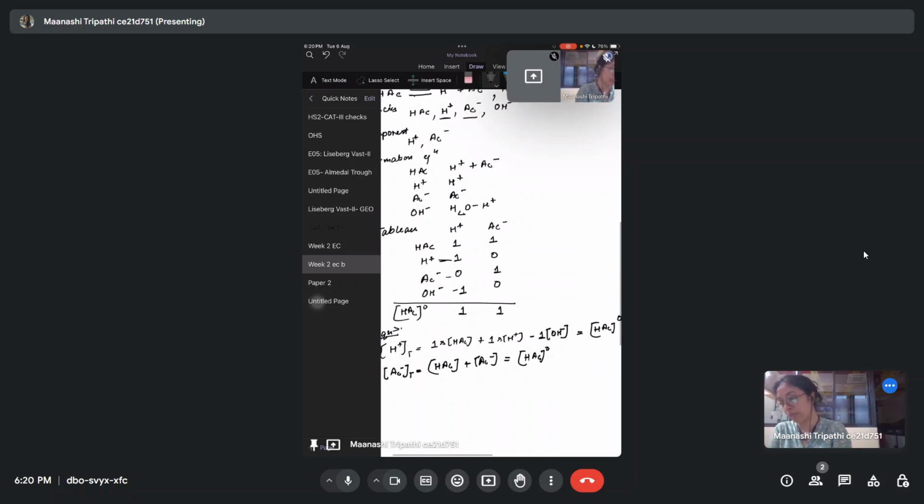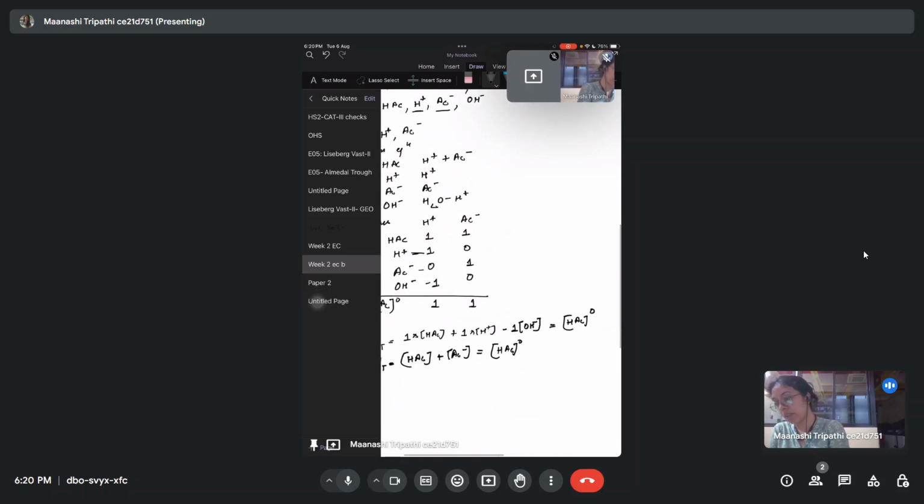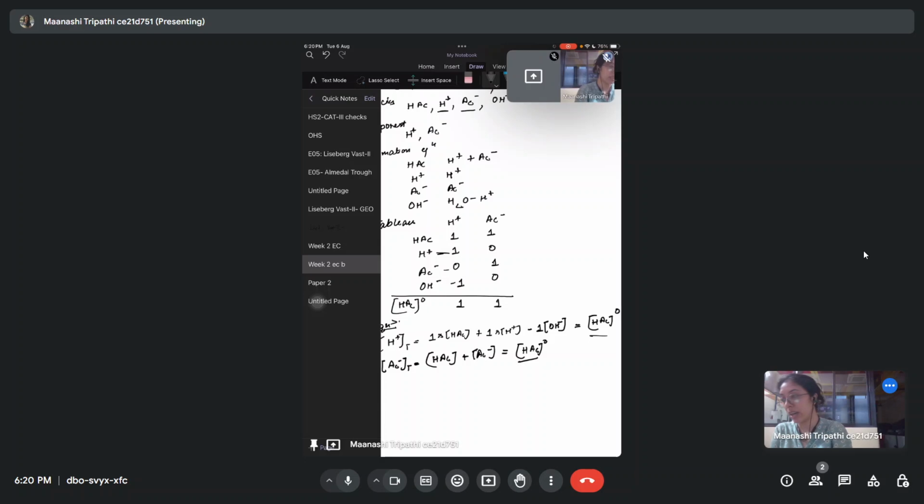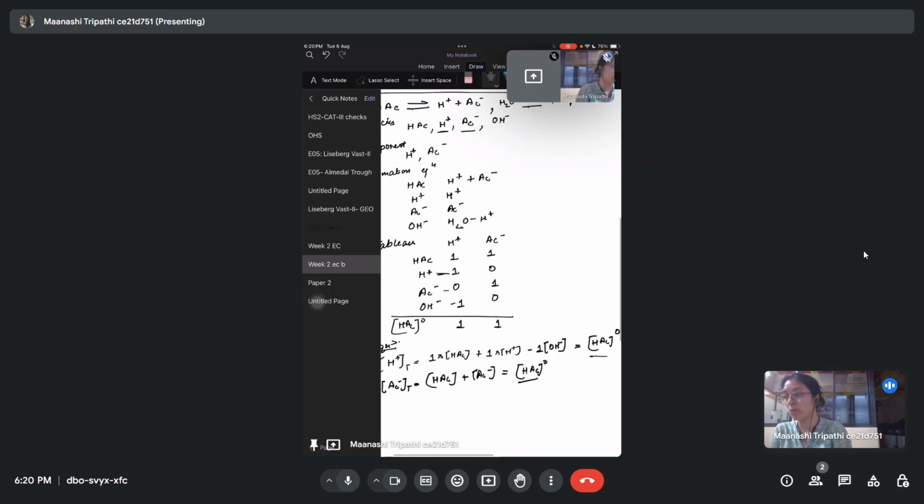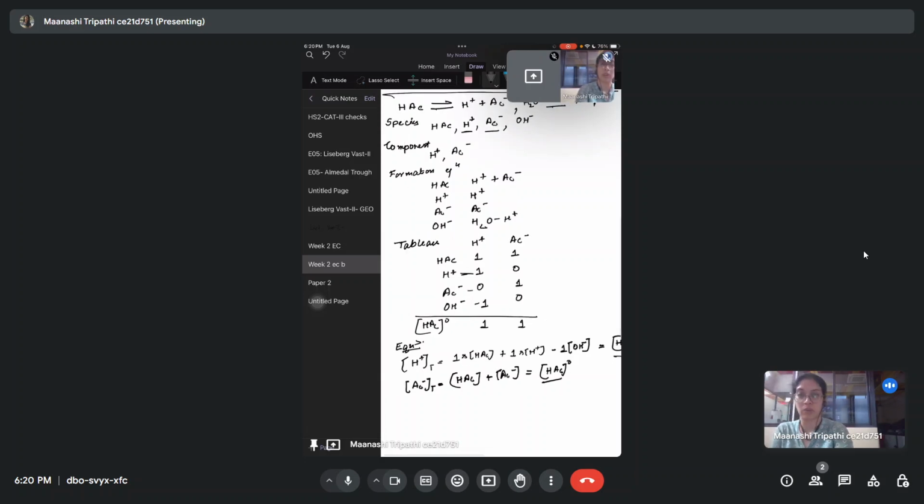You can see this thing we have added, so that's why this is known. All other things are unknown. So number of species is equal to number of unknowns.